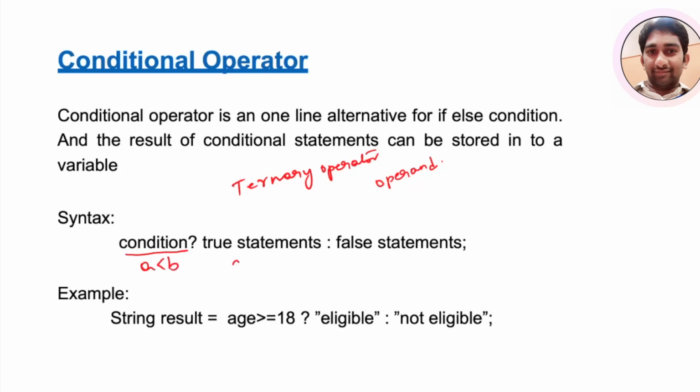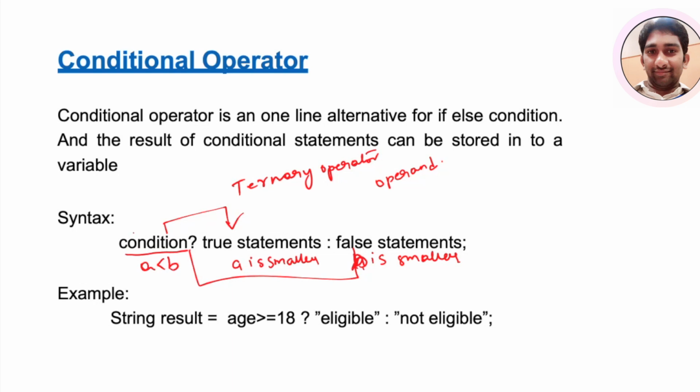True statement is "a is smaller", and false statement is "a is bigger", or we can also say that b is smaller. Any one statement you can take on one side. So if this condition is true, then it will execute this one. If the condition is false, then it will execute this one. So this is the ternary operator.